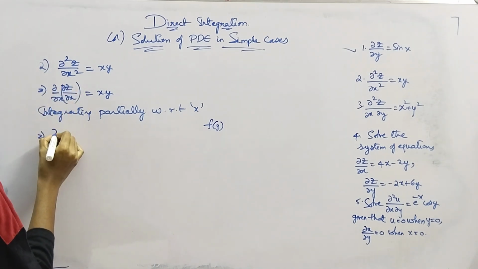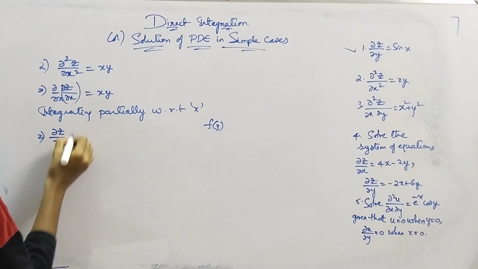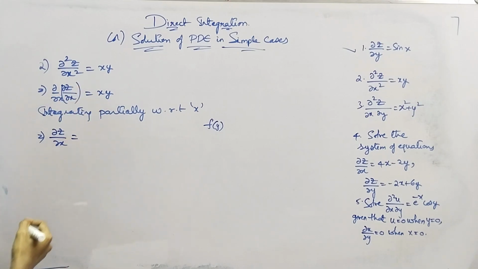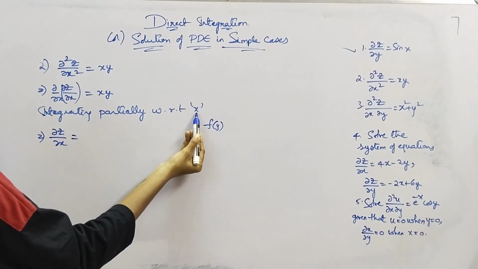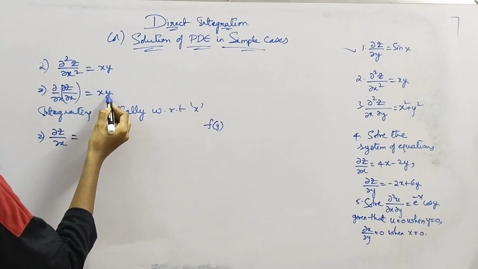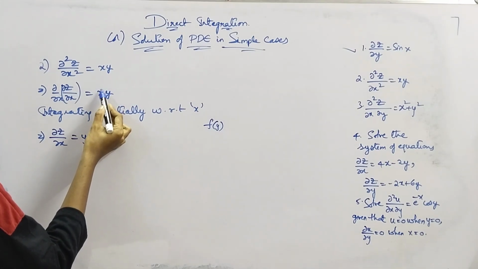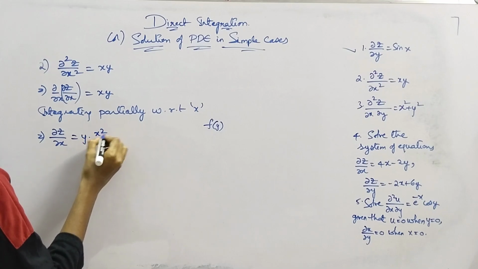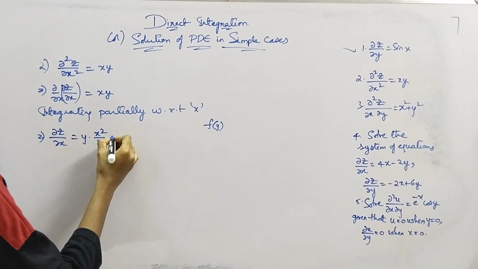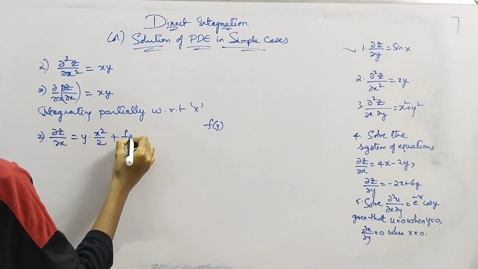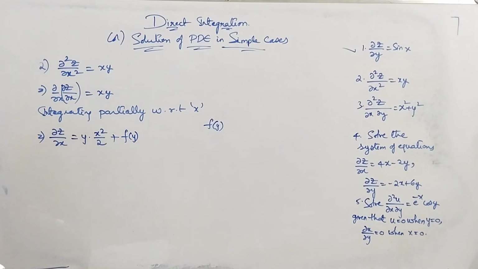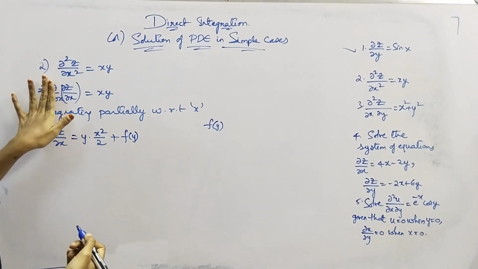So here we are going to take f of y as a constant of integration in this step. Okay, so we'll get ∂z/∂x equal to, here we are integrating partially with respect to x, so we'll treat this y as constant, y into the integral of x, which is x²/2, plus the integral constant f of y. Easy, right? This ∂/∂x will disappear since we are integrating.